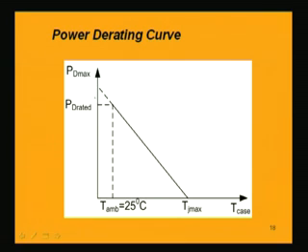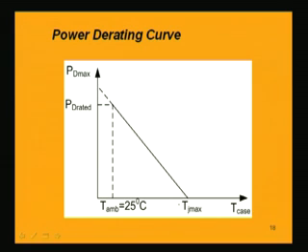Similarly, have a look here up to the maximum temperature of the case. If Tj max is reached, then the power dissipation is 0. That means we cannot allow any power dissipation when the temperature is Tj max.